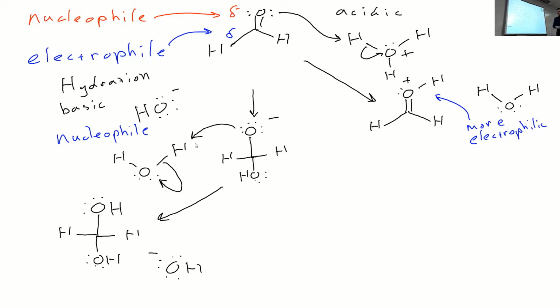So, since we're more electrophilic, it's going to be easier for us to attack that electrophile with a nucleophile. And we happen to have a weak nucleophile here in the form of our water. So we're going to take our water as a weak nucleophile. We can attack, again, that most electrophilic site, which is our carbon.